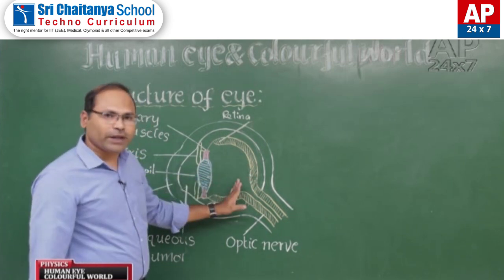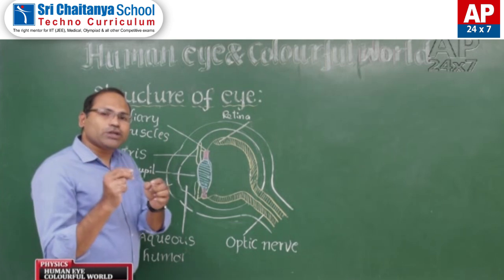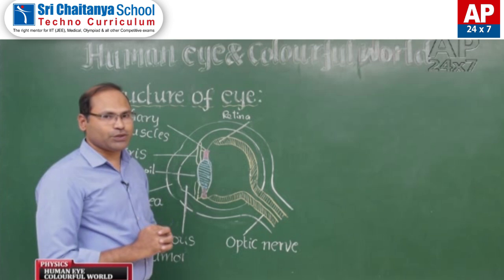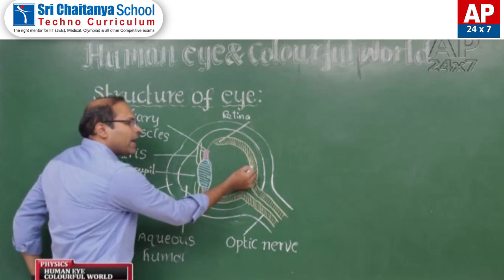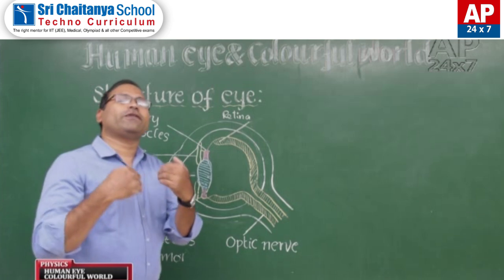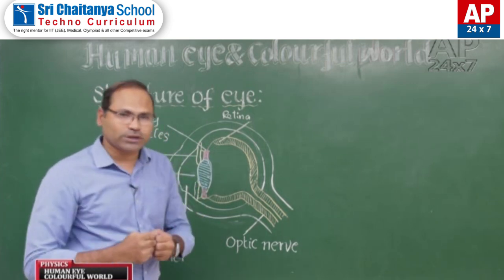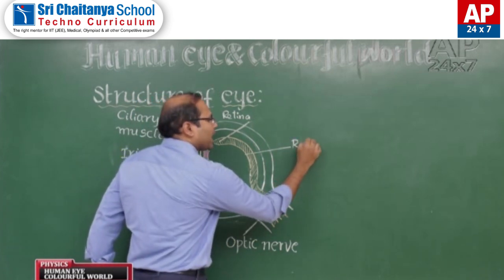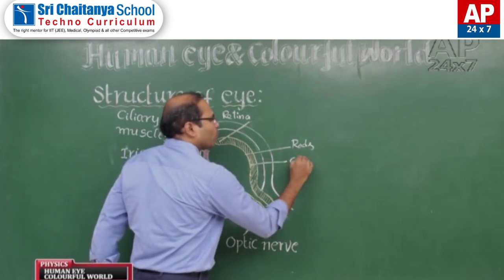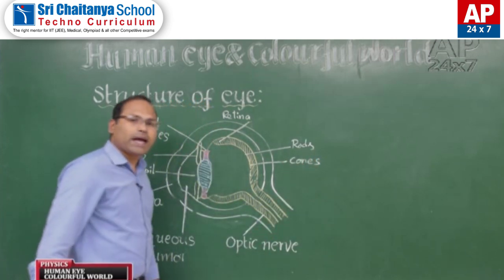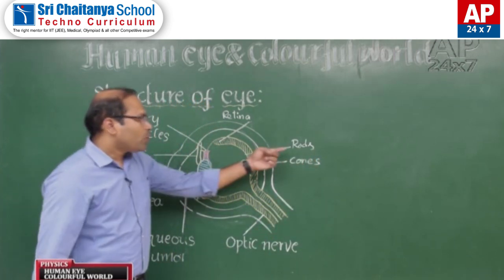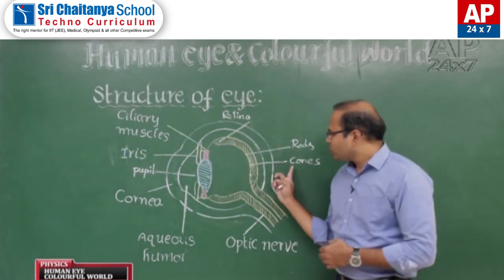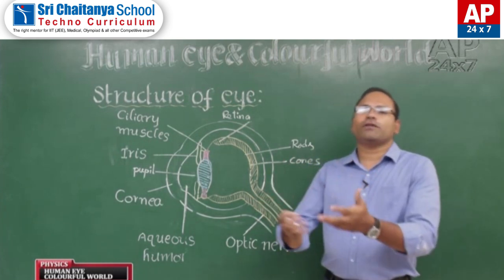Whenever light rays fall on the retina, only then can you have a clear image, because the retina has 125 million receptors. They are called rods and cones. Rods receive the intensity of light and cones observe the color of light.